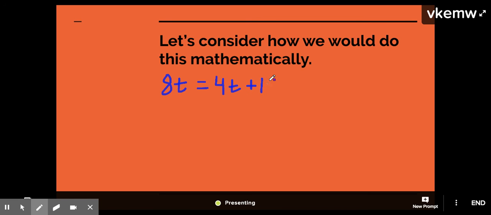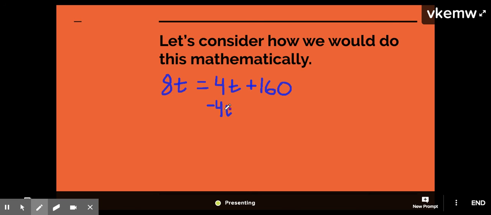I'll start making a profit once my cost and my profit are the same. Once my income, my profit, and my cost end up being the same. Okay, so we can go ahead and solve for this now.